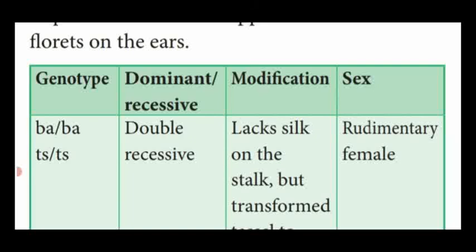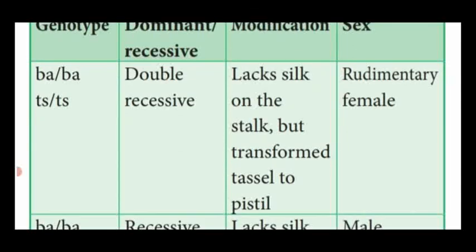Small letter means recessive alleles, isn't it? So the condition is double recessive, both ba and ts. So, double recessive condition lacks silk on the stalk but transformed tassel to pistil.